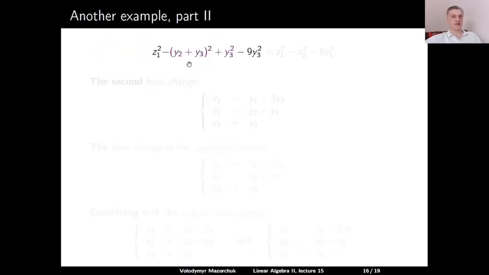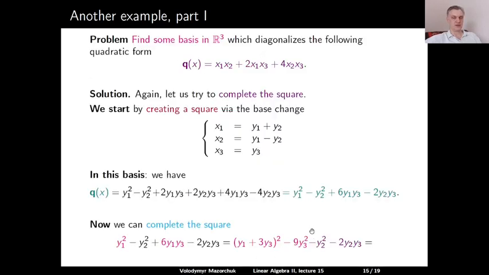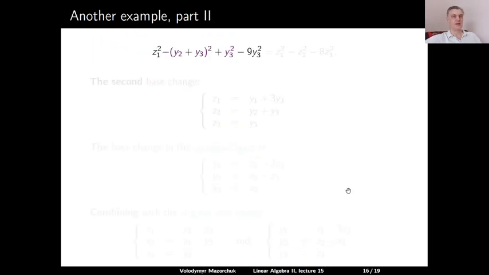So this gives us an extra minus y3 squared, which should be compensated for. And then we copy minus 9y3 squared from this expression. The outcome is this expression, and now we call y2 plus y3 z2. So we have z1 squared minus z2 squared, and y3 z3 minus 8 z3 squared.